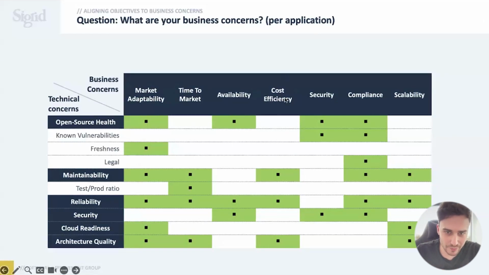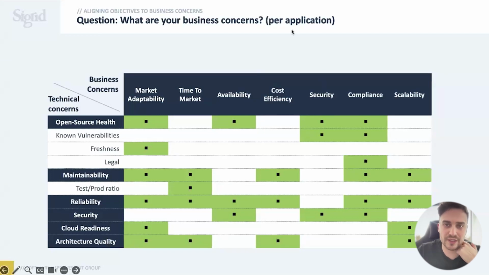And the mapping between them, you can actually use this to align these goals, because if management can talk in these terms, they know, for example, we need to speed up the time to market. But now with this graph, you can also see what buttons you have to turn in a tool like Sigrid to achieve a faster time to market. For example, you want to set goals for the maintainability, the test code ratio, the reliability, and the architecture quality.